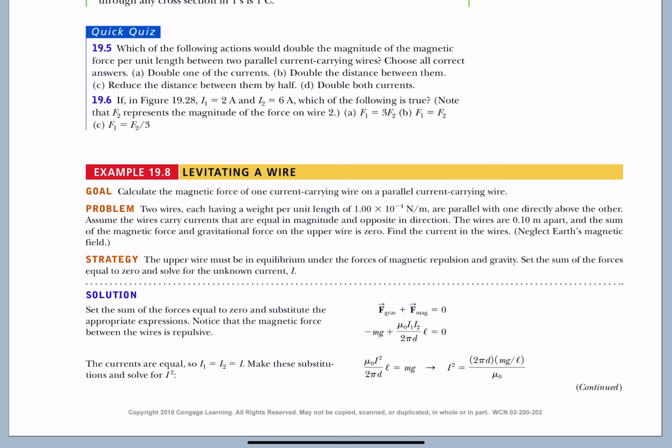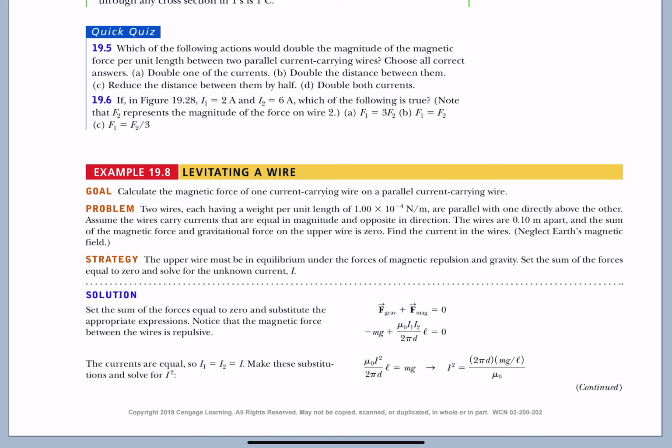And if you look at the solution, we want the sum of these forces to equal 0, the gravitational force acting down, the attractive force acting up. They're in opposite directions. We want them to equal each other so that we get the levitation effect.